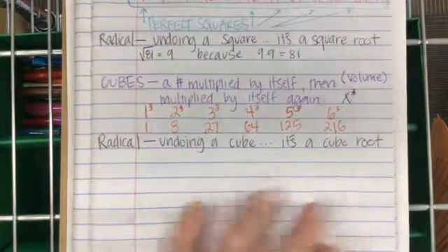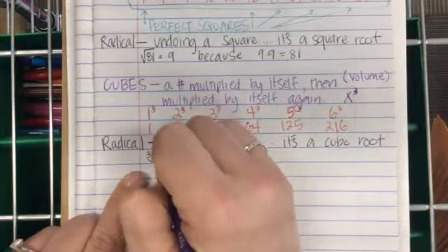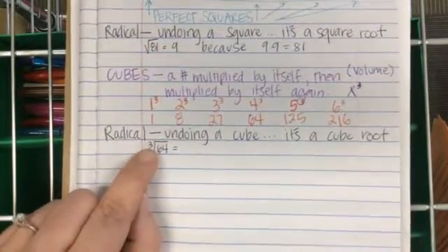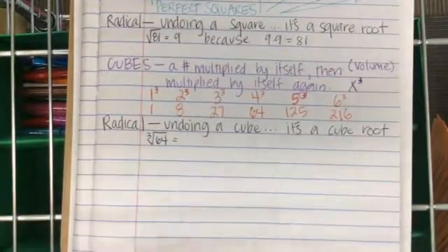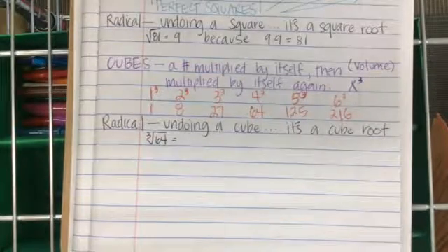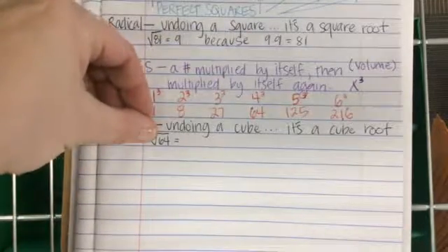And here's the difference. There's a little tiny baby 3 in front. And that tells me that it's not the square root of 64. If there's nothing there, that means the square root of 64.